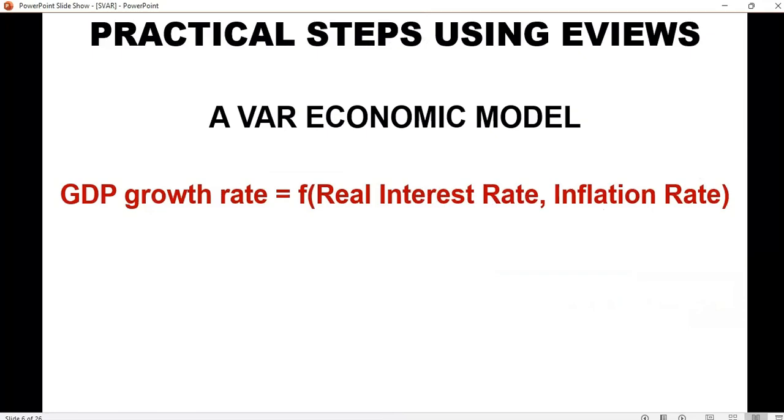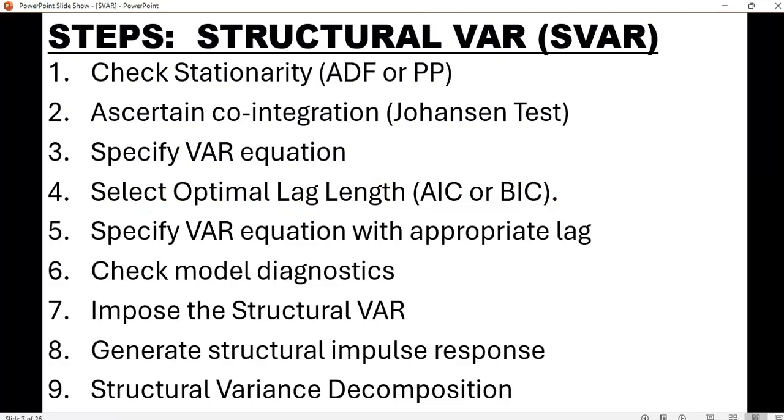Now we're going to go through the practical steps using Eviews. We'll have a VAR economic model where GDP growth rate is the dependent variable, and the independent variables are the real interest rate and inflation rate. What are the steps to undertake a structural VAR? The first is to check stationarity. The second is to ascertain co-integration.